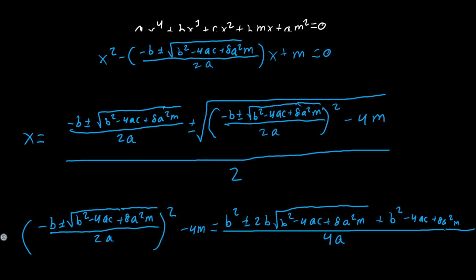And since we are also including the 4m, we will get minus 16a squared m.